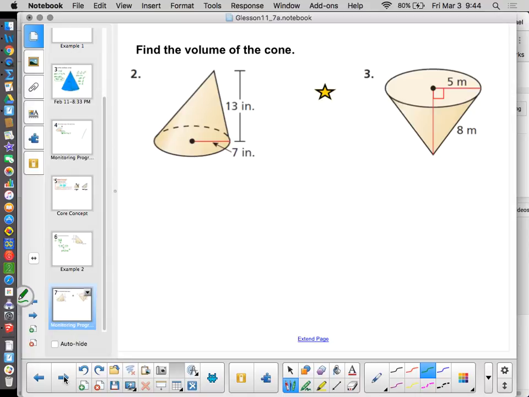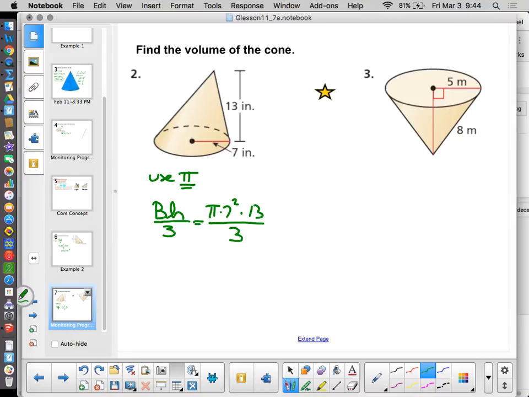Here's another oblique, and that's fine. Not hard to work with. This one, the context will use pi because we got whole number context, but it's the same formula. It's still base area times height divided by 3. My base area is pi times 7 squared times the height of 13 over 3.